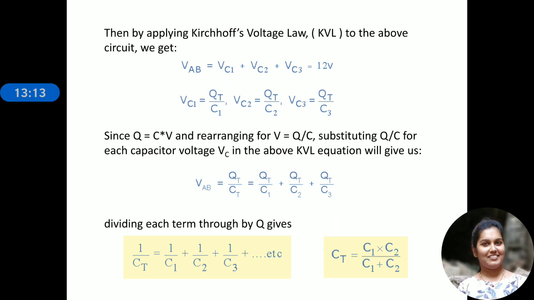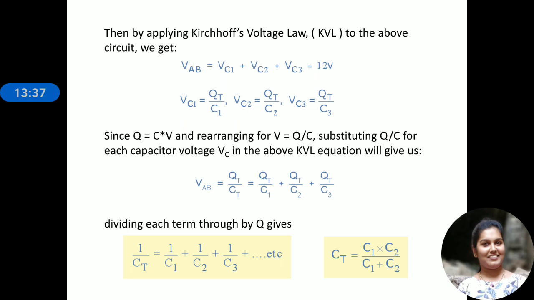So from this expression we can understand that when the capacitors are connected in series, the total capacitance will be less than the individual capacitance. So if you want to decrease the capacitance of a circuit, you can connect the capacitances in series.